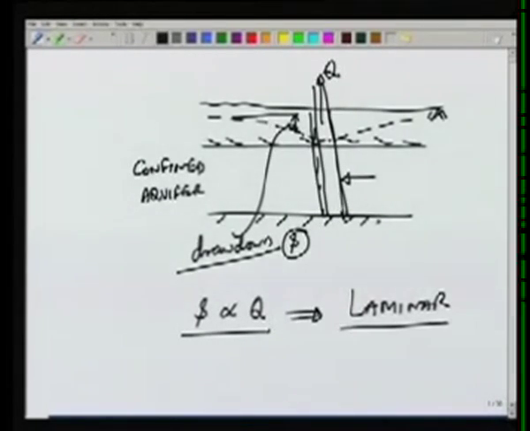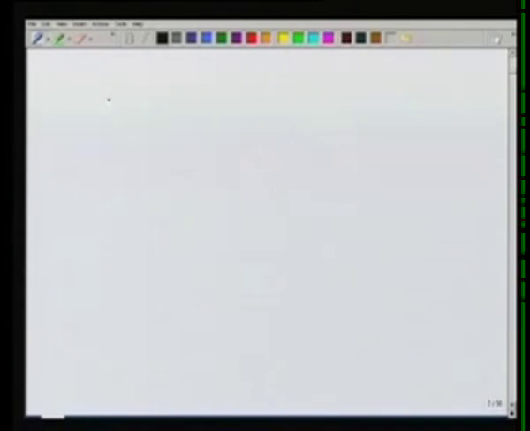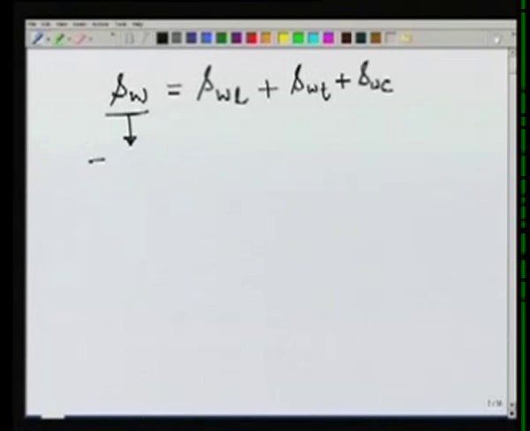We combine these and call them the well loss, and we write the total drawdown at the well as the summation of the laminar loss, turbulent loss, and the casing loss. So this will be the total drawdown at the well.